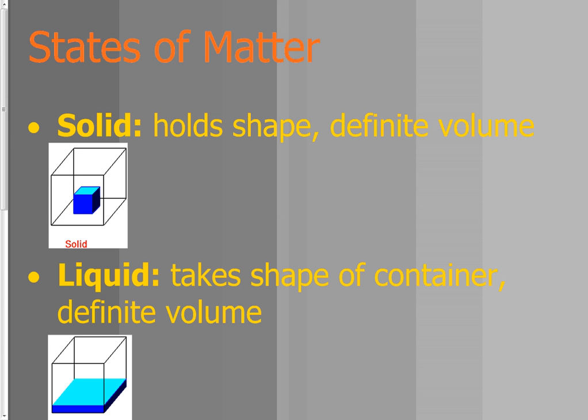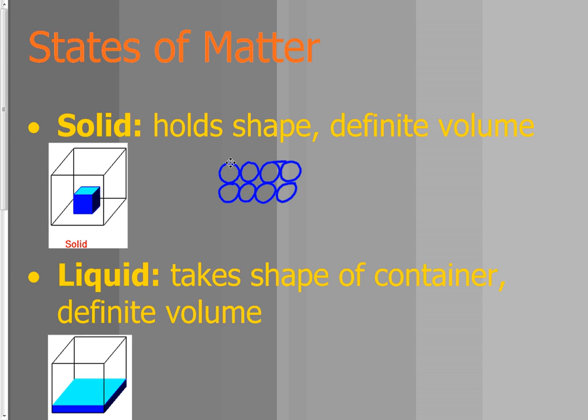So if you look at the picture right underneath solid, you can see that that blue cube is representing where the matter would exist in that sort of invisible box. And if you could look at the particles in that solid, the atoms, those particles would be right next to each other, lined up exactly, closely packed, tightly bound together. That's why solids hold their shape so well, and they have a defined volume.